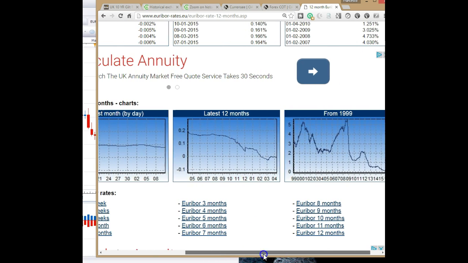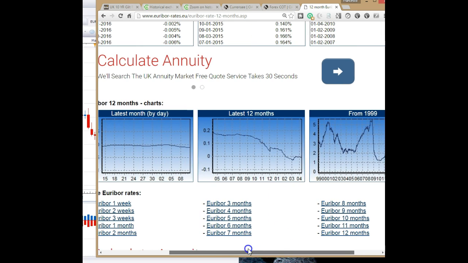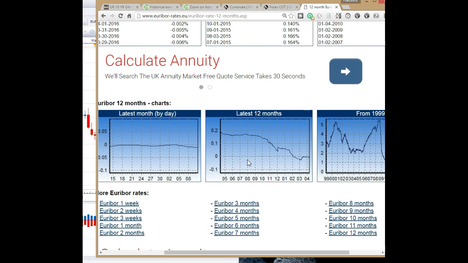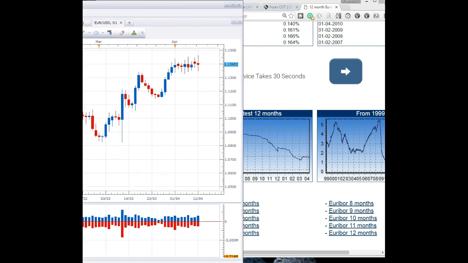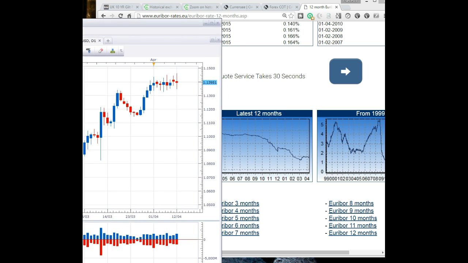So the fundamental influence of EURIBOR is not as direct as we've seen with the LIBOR and the pound dollar, because the fundamentals are bearish on the euro, and there is a speculative side of euro buying.